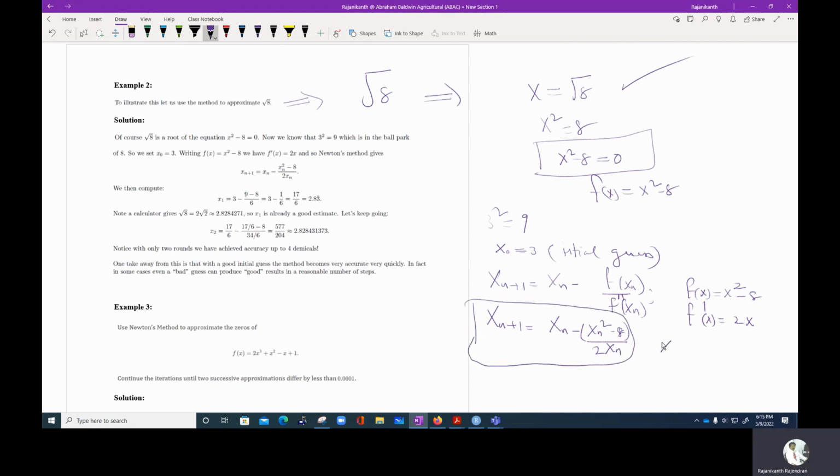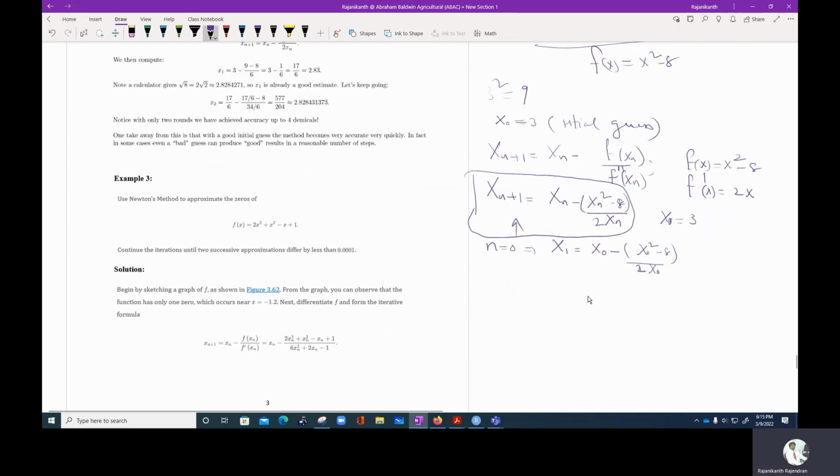I know the initial guess x0, I got 3, right? Now n is 0, means you will get this. Just plug n equals 0 into this formula. If n is 0, plugging 0 wherever you have n, you will get x1, which is x0 minus (x0 squared minus 8) over 2x0, right? But you know the initial guess x0. x0 is 3, no?